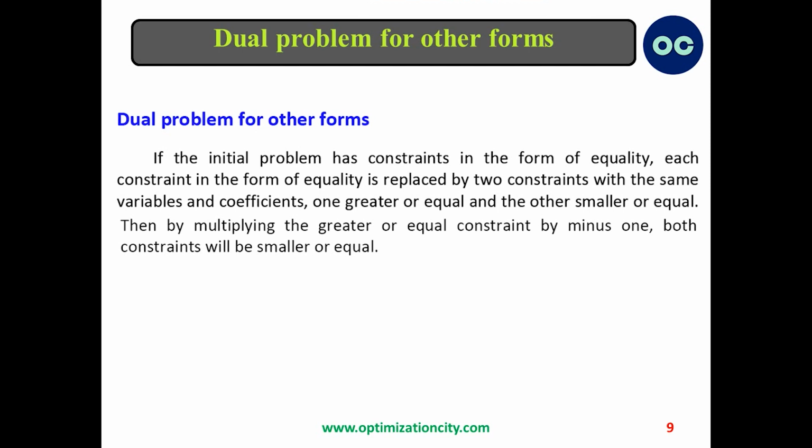By multiplying the greater than or equal constraint by -1, we can transform both constraints into less than or equal form. This modification ensures that the dual problem remains in the standard form with the primal model.